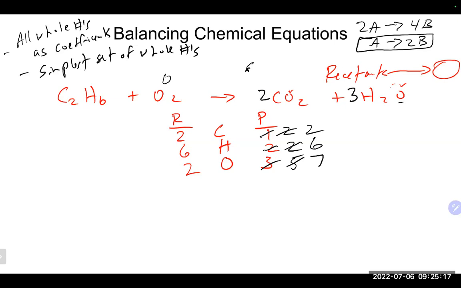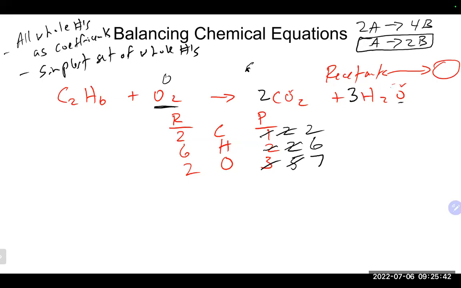So in this particular case, when we look at this, we pretty much have fixed the carbons, we fixed the hydrogens. We pretty much got nowhere to go on the right-hand side, and we don't want to change those because obviously that's going to change the carbons and the hydrogens. So we really need to come over here to the left-hand side and balance the oxygen. In this case, we need to actually turn a 2 into a 7.